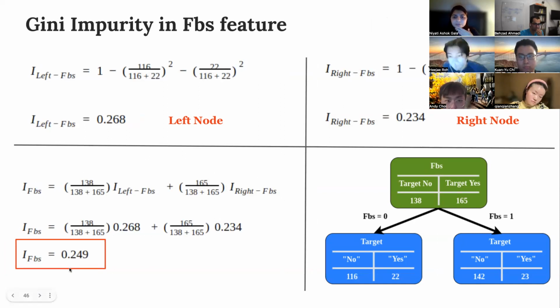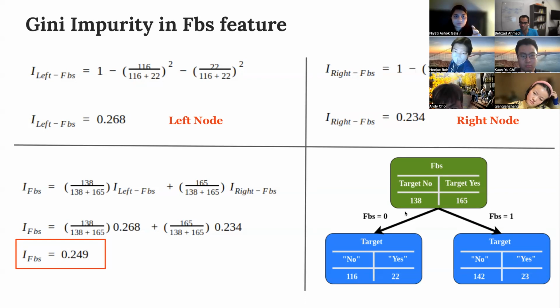Professor, I do notice that when we take the total of the left-hand side, 116 and 22, that comes down to 138. So is it the FBS saying yes and no, and below that no, talking about the target yes and no?